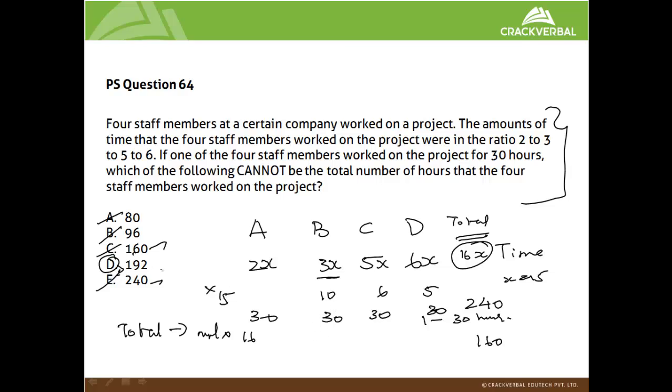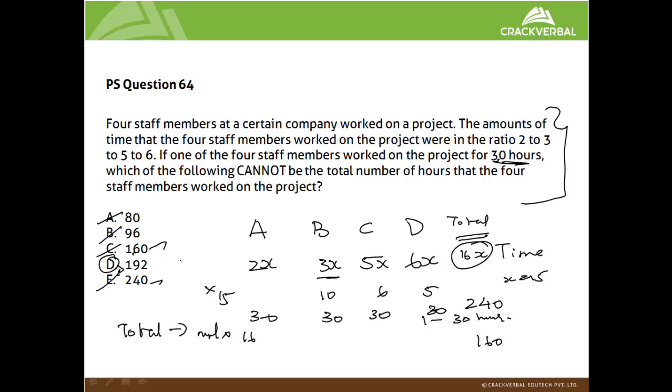But suppose you take 192, 16 twelves are 192. In that case, 2 twelves are 24, 3 twelves are 36, 5 twelves are 60, 6 twelves are 72. Nowhere are you getting a person who worked 30 hours. The condition to check when you are doing back solving is that one of the members has worked for 30 hours. So answer choice D is not going to satisfy that condition.